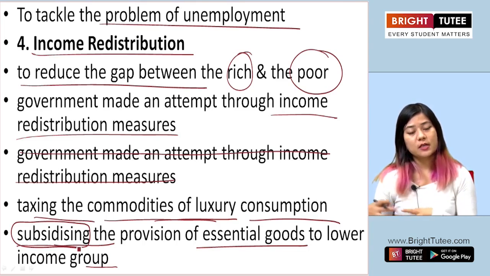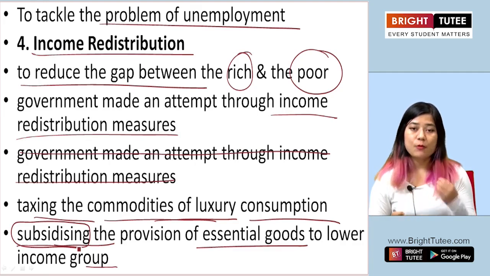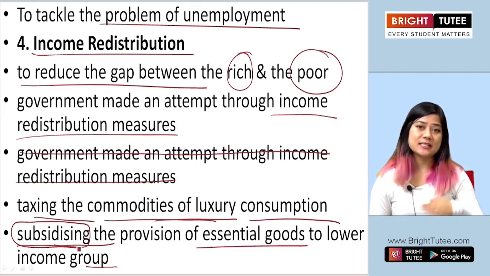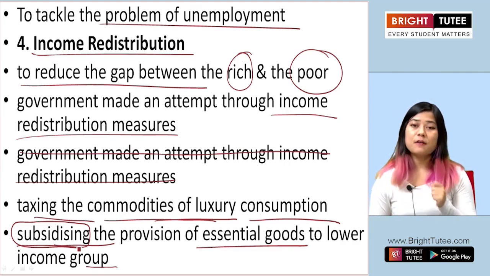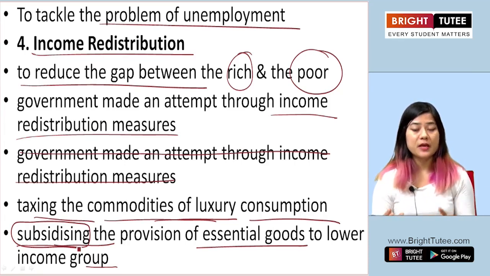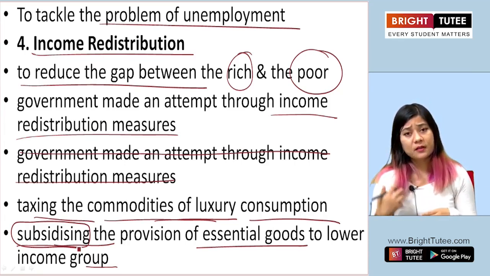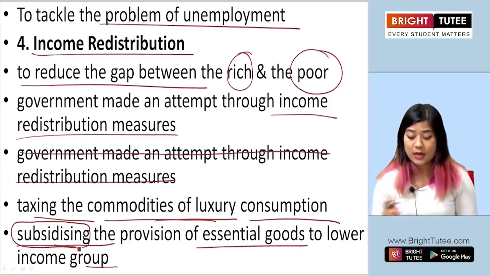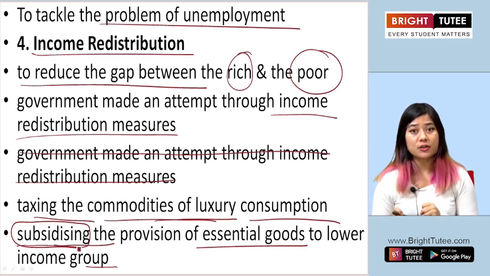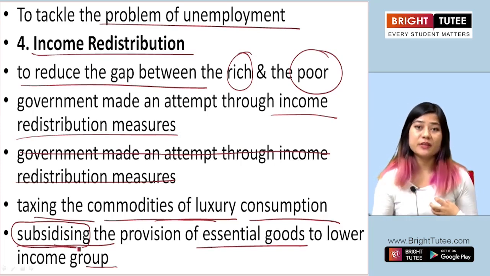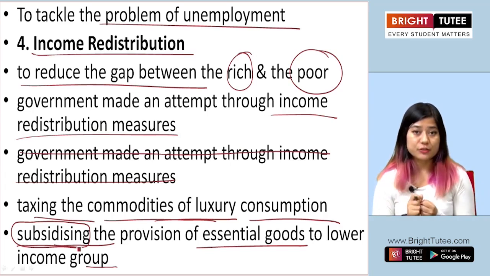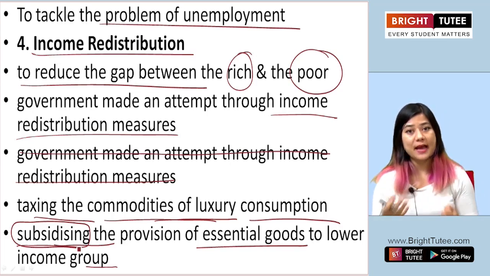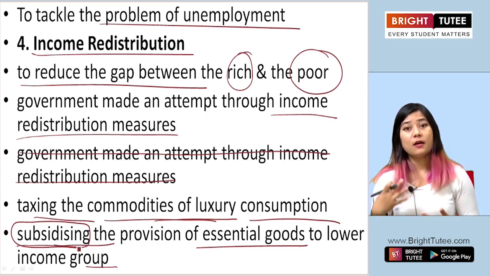Here the lower income group cannot purchase the pen for that amount of money. Now what the government does is subsidize the price of the pen. So the government puts the price of the pen at 10 rupees for the lower income group, and now the rickshaw puller can afford to buy the pen for his son. That is how the government makes sure that the gap between the rich and the poor is reduced. And with that reduction, poverty is prevented.